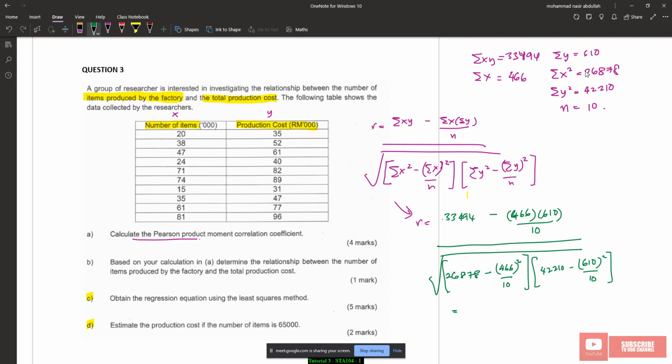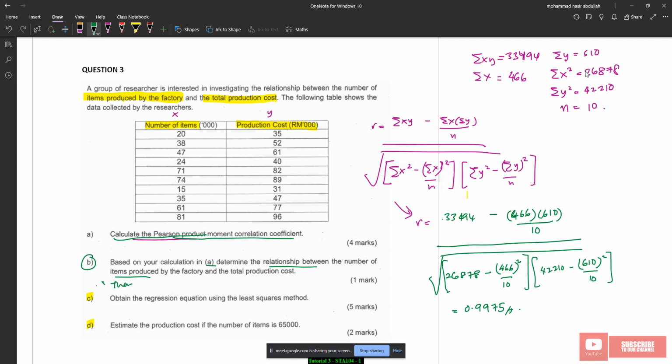So what is the value of R? This one should be 0.9975. So we only calculate the value of Pearson product moment correlation coefficient, 4 marks. So based on calculation number A, determine the relationship between the number of items produced by the factory and the total production cost.